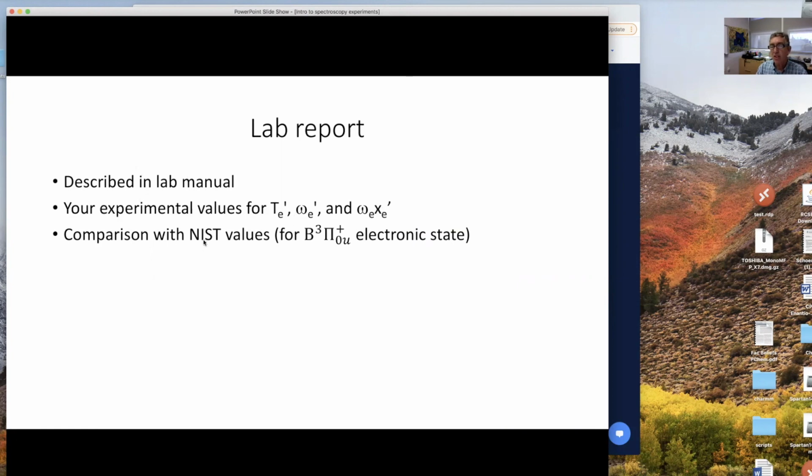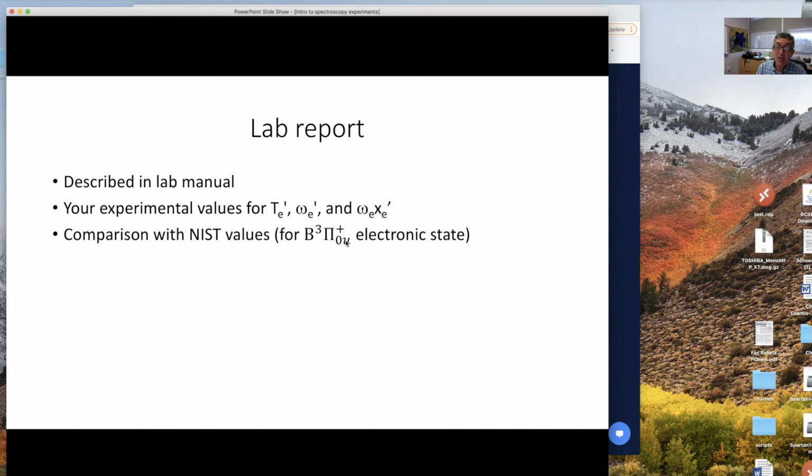Remember that you'll use the NIST data for the ground state vibrational frequency and the ground state anharmonicity constant. And you'll need those data. And you will then compare your results with the NIST data for the excited electronic state. All these things are there, and that will be important for your report, so you can report your accuracy with respect to this other tabulated data.